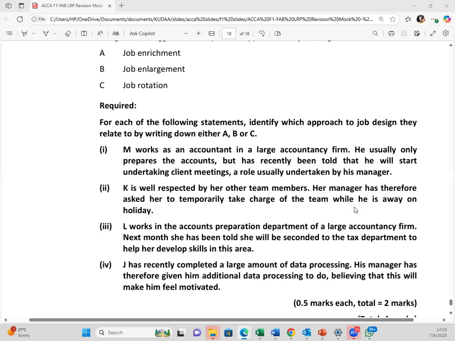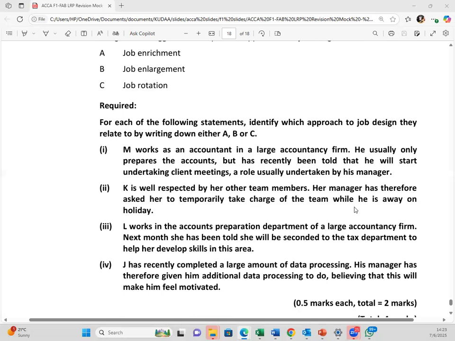For each of the following statements, identify which approach to job design they relate to. M works as an accountant in a large accountants' firm.